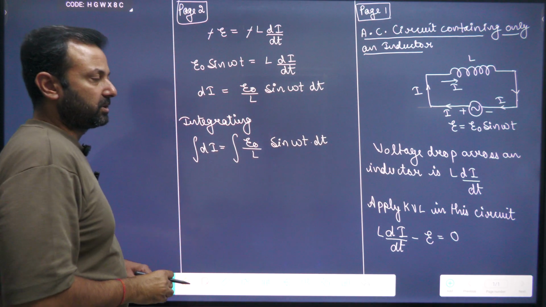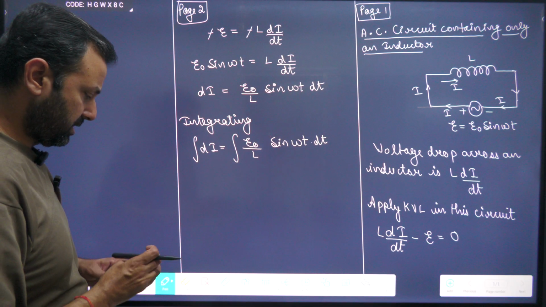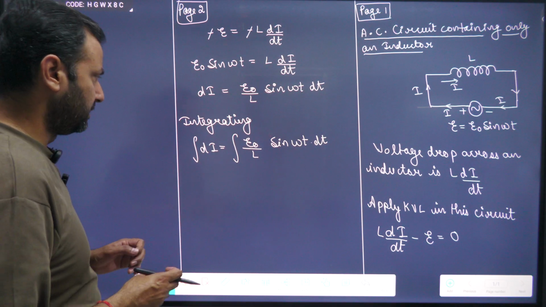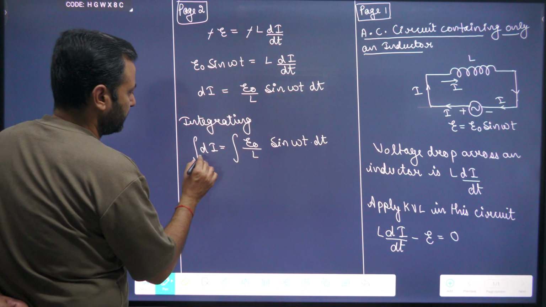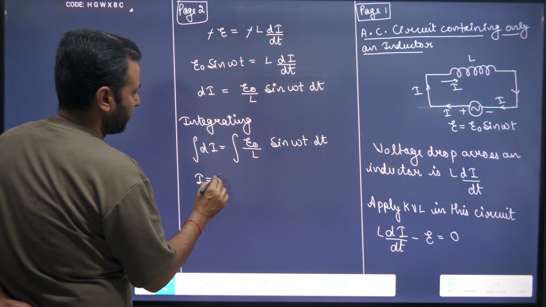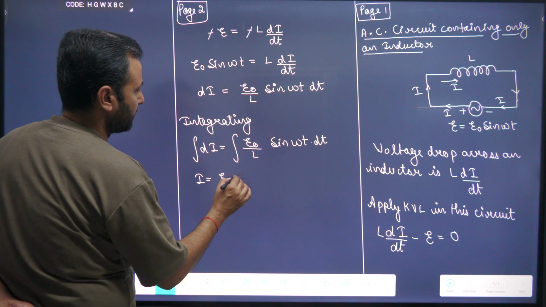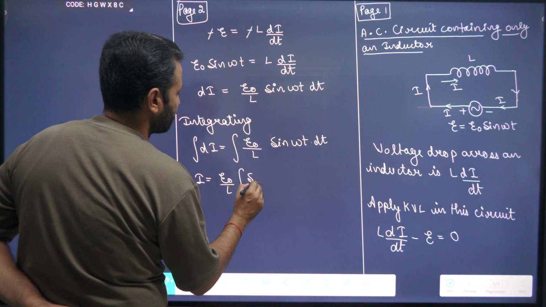Now E naught upon L is a constant. We can take it out of this integration sign. So integration of di is I, which is equal to E naught upon L times the integration of sine omega t dt.